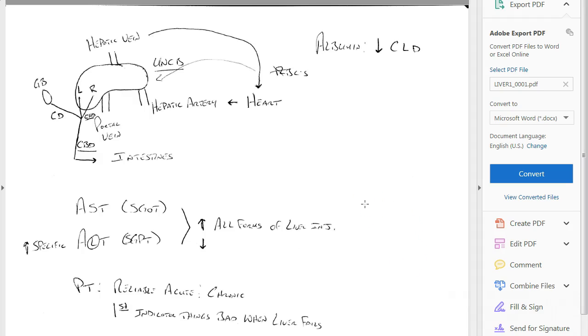All right, another liver enzyme. I didn't write this down here. I apologize. You'll have to listen. Alk-Phos. You'll see that on the survey 14, right? Alkaline phosphatase, Alk-Phos. There are 3 areas where you see Alk-Phos, or where it's produced.